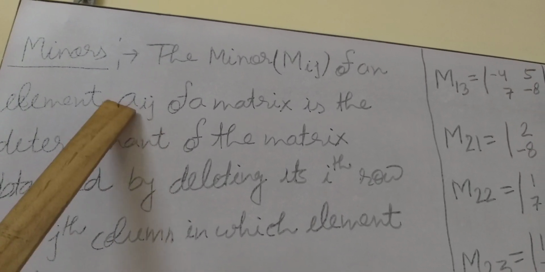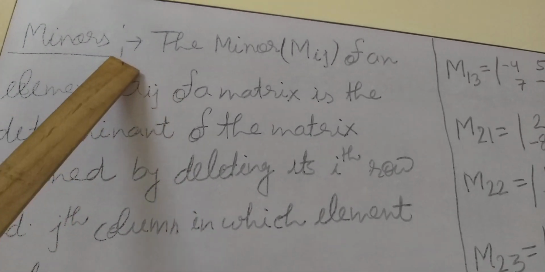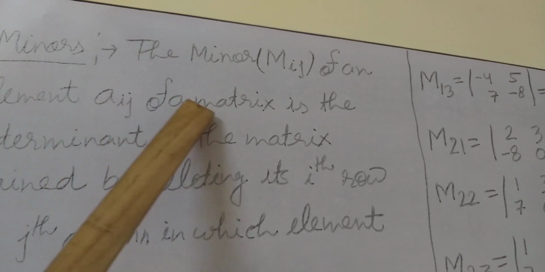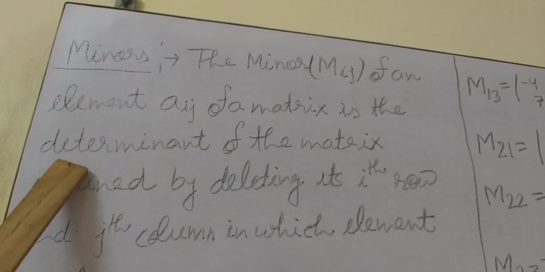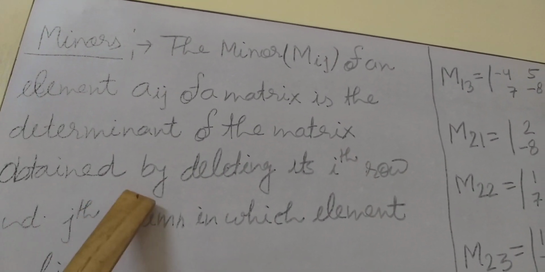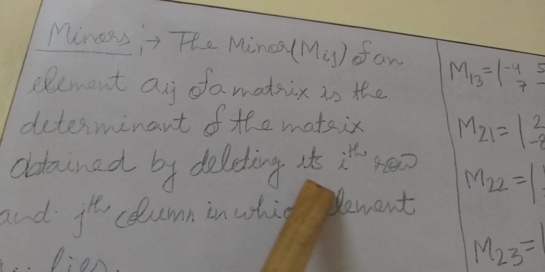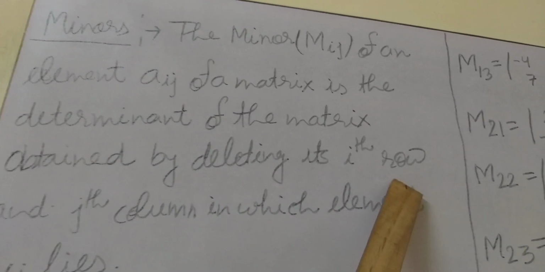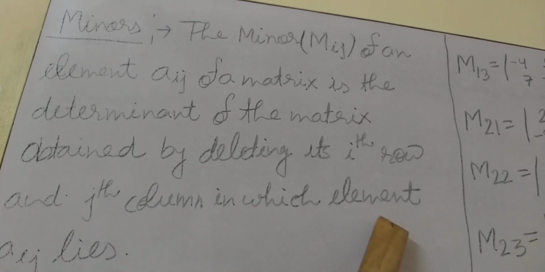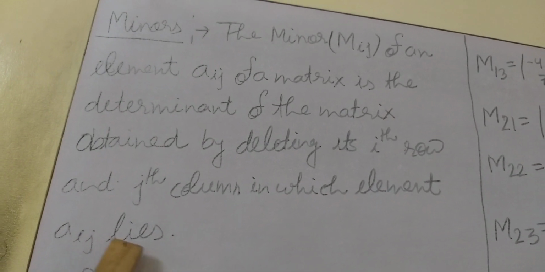We know that an element of a matrix is denoted by aij. The minor of an element aij of a matrix is the determinant of the matrix obtained by deleting its ith row and jth column in which element aij lies.